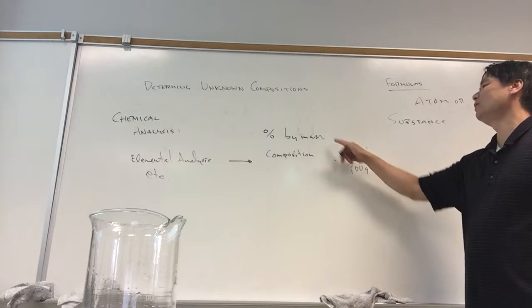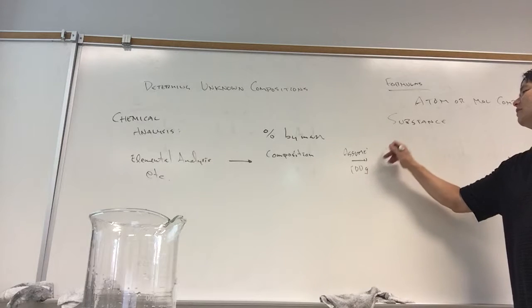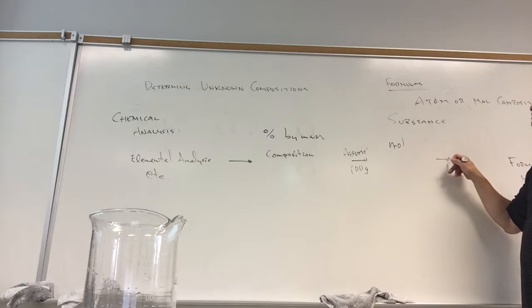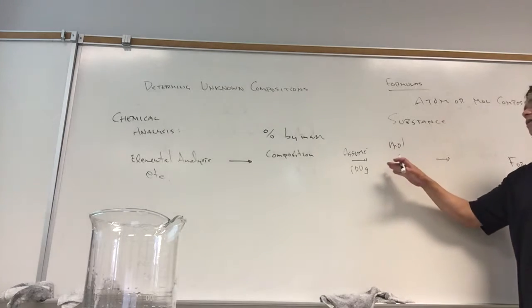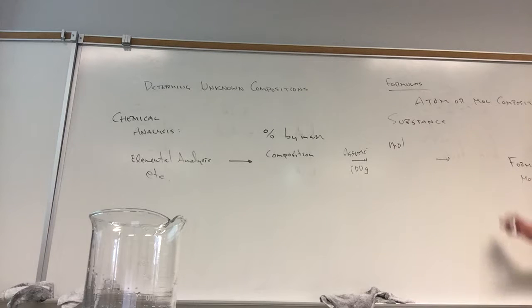And then if we're given a percent by mass composition from our analysis, we assume 100 grams, and then we convert everything into moles, right? And then find the simplest mole ratio. And so we get grams to moles, and then figure out the mole ratio, whatever mole ratios. And that would give us our atom ratio, moles of atoms. So I assume everyone's done this, right? Going from percent by mass composition to chemical formula.